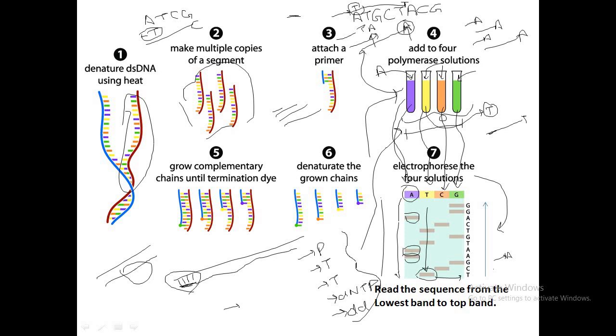So in the 3 prime direction, the first base incorporated here is T followed by C. The direction goes from 5 prime to 3 prime on the upper side, and the sequence of this DNA will be read off from the bands.